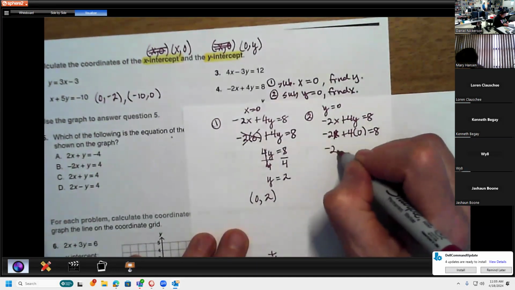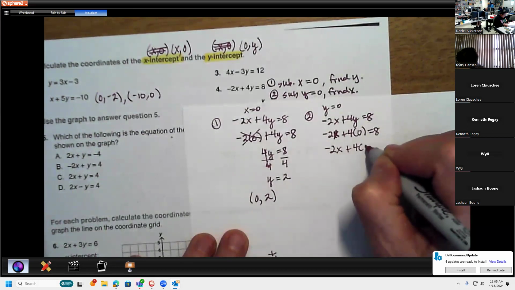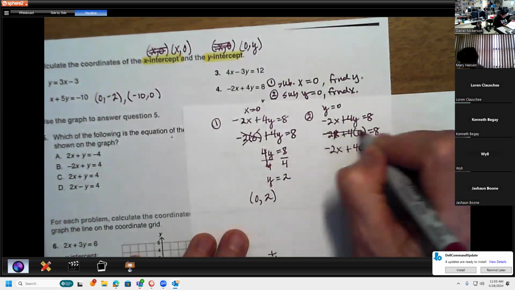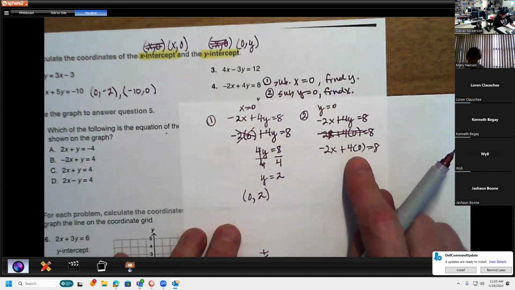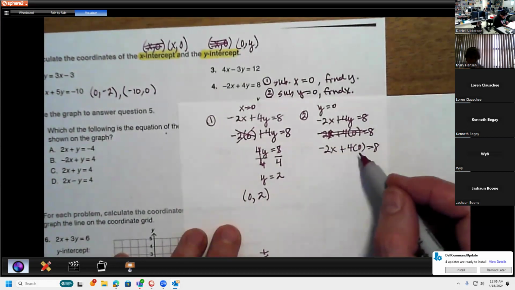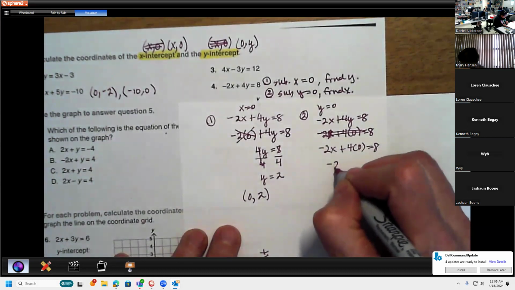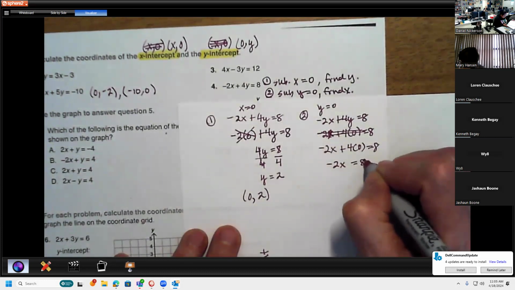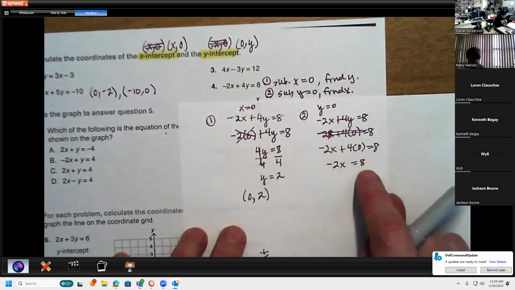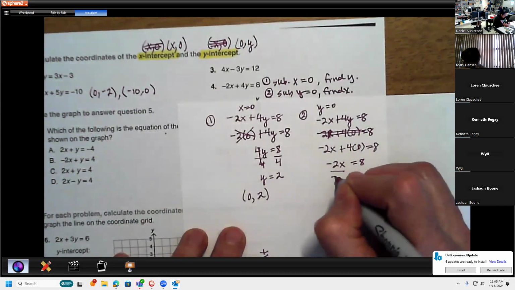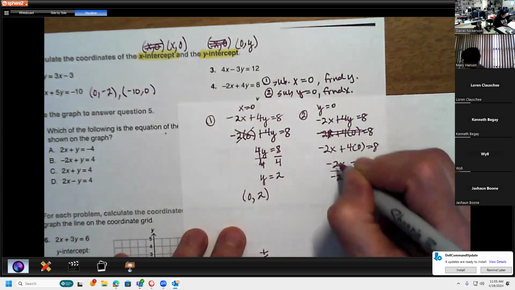I'm going to rewrite that because that x looks hard to read. Okay, negative 2 times x plus 4 times 0 is 8. 4 times 0 is 0, so I'm left with negative 2x equals 8. That means negative 2 times x is 8. The opposite of multiplication is division.